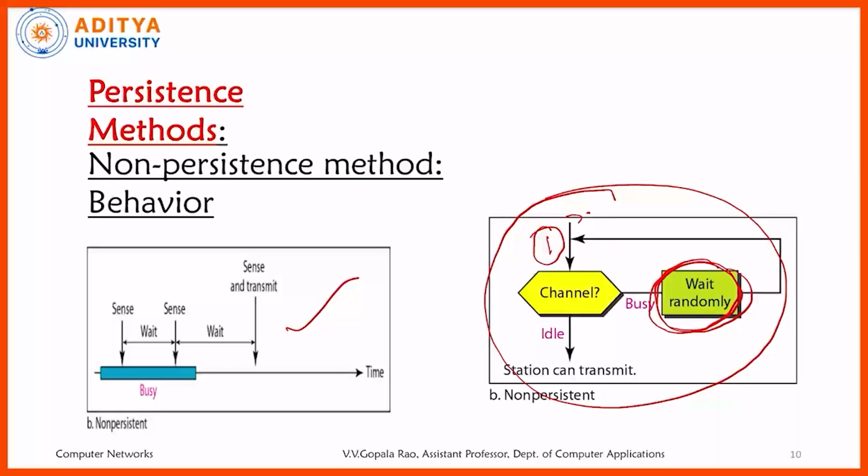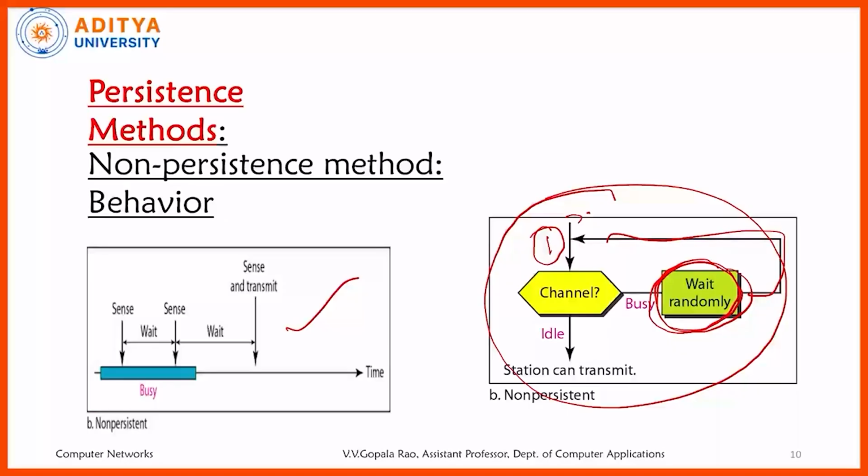Because of random waiting, instead of fixed waiting, every station may go for a random time interval, so there may be a possibility of fewer collisions because of the random time intervals. That is why we are allowing the station to wait on a random basis, and again you sense the channel.